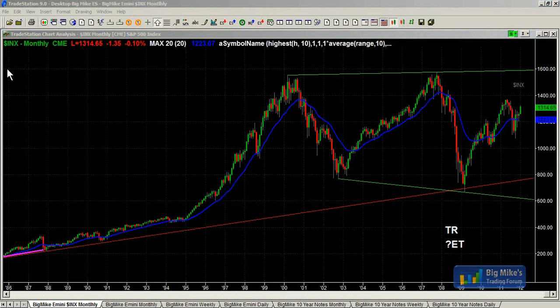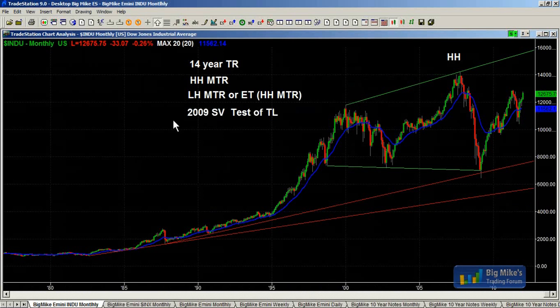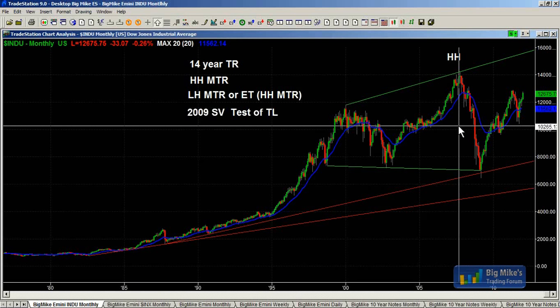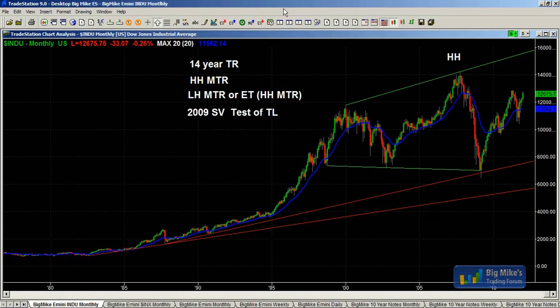This is the Dow monthly chart, and it's the same thing as the E-mini. Again, 14-year trading range. You can argue that this high over here in '07 was a higher high major trend reversal.